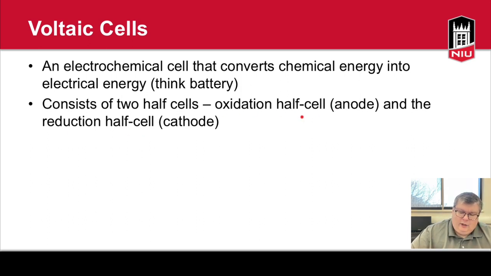We call the oxidation half cell the anode and the reduction half cell the cathode. You can remember this as An Ox stares at the Red Cat. Anode, oxidation, reduction, cathode.